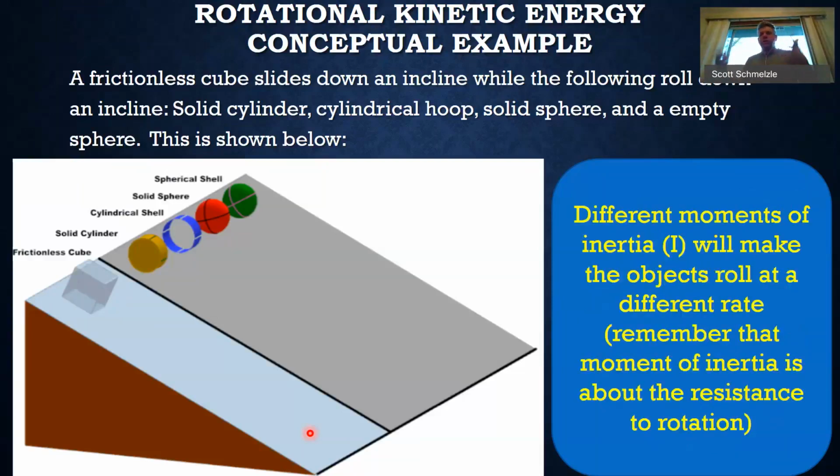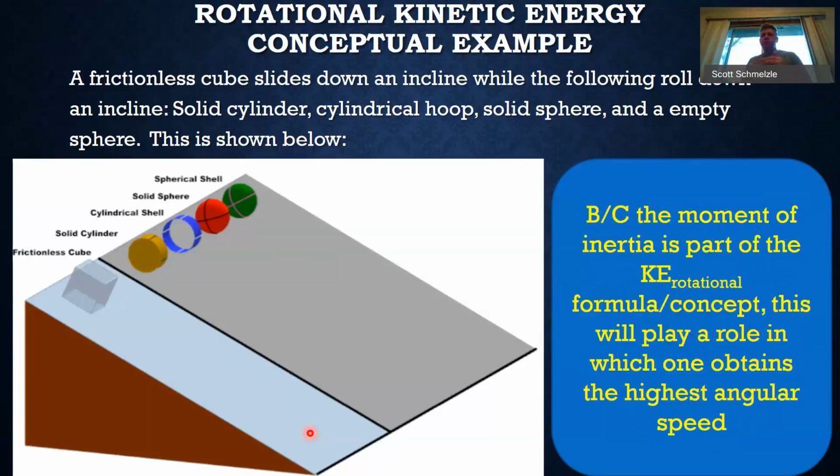Like we say here, different moments of inertia will make the object roll at different rates. Remember, the moment of inertia is that concept of the resistance to rotation. So if all of these cylinders and spheres are the same radius and the same mass, then it just becomes about that moment of inertia formula.